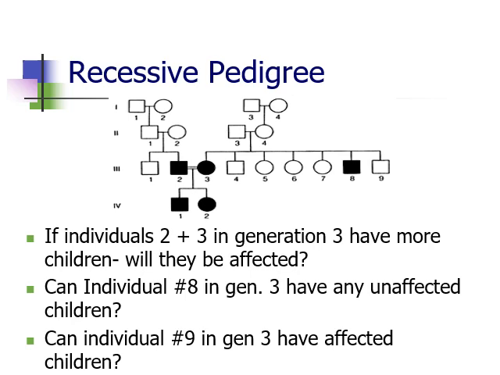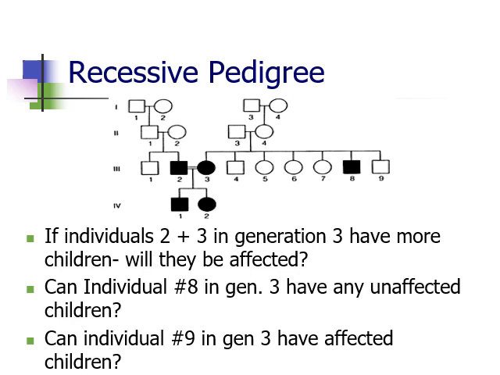For our next question, can individual number 8 in generation 3 have any unaffected children? For individual number 8 in generation 3, we have a male that is shaded in, so he has the recessive trait. And if he mates with someone, we're asking if he could have children that will not have that recessive trait.